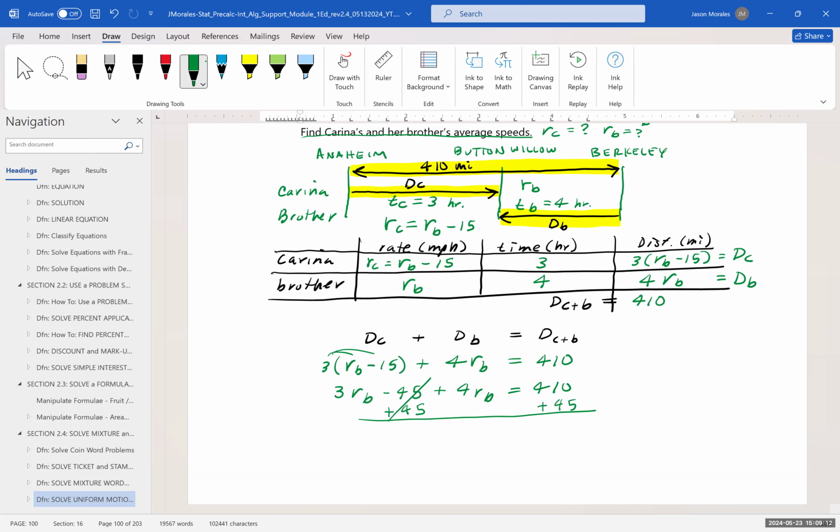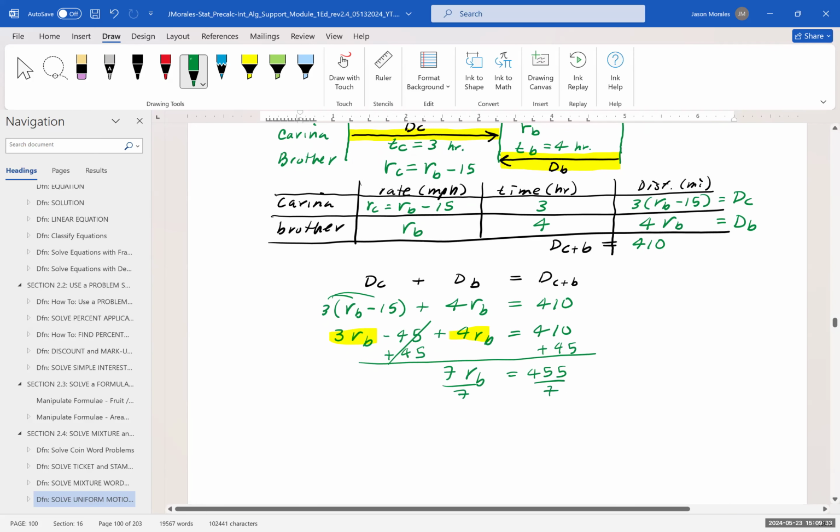So that will cancel and add to 0. And on the right-hand side, we're going to have 455. And on the left-hand side, we've got like terms. That's going to be 7 times the rate of the brother's speed. Divide both sides by 7. And the rate of the brother's speed is 65 miles per hour.